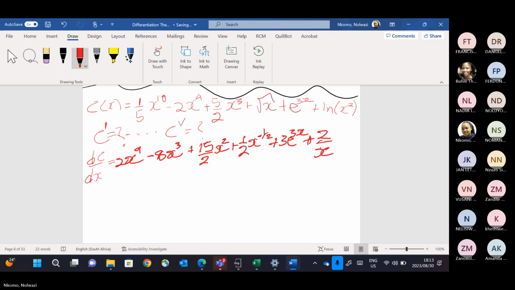You can change this so that it will have a positive exponent. Did we all get this as our first derivative?